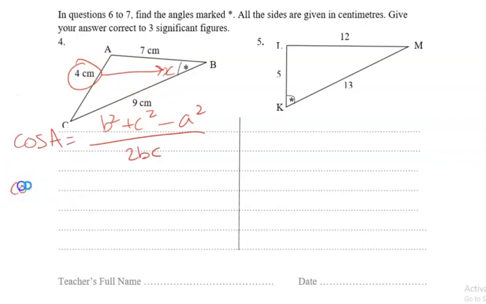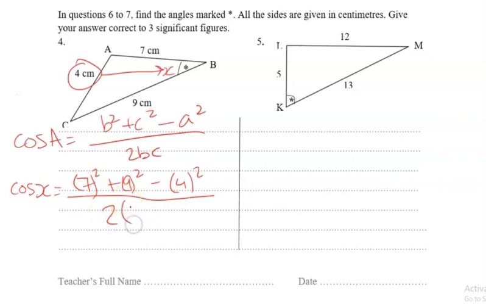So you're going to have cos X equals, now B and C don't really matter, these are the two adjacent sides to the angle we're using, or in this case working out. So you're going to have 7 squared plus 9 squared minus 4 squared, divided by 2BC. Now remember, you're working out the value of X, so we're going to take cos to the other side, and cos becomes cos inverse.